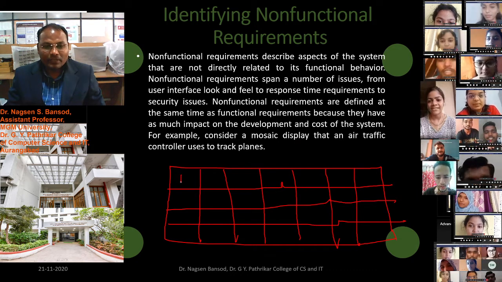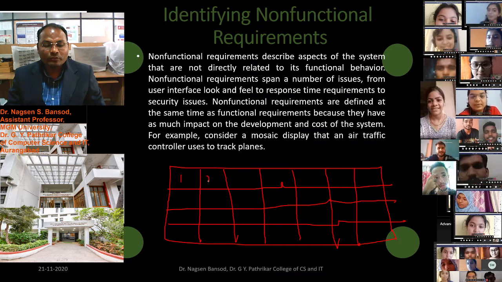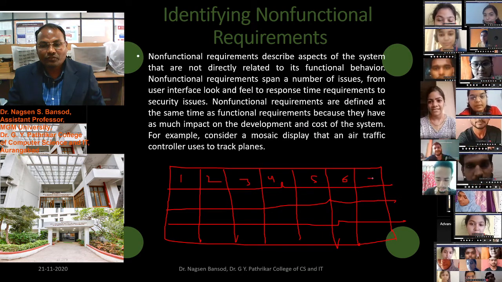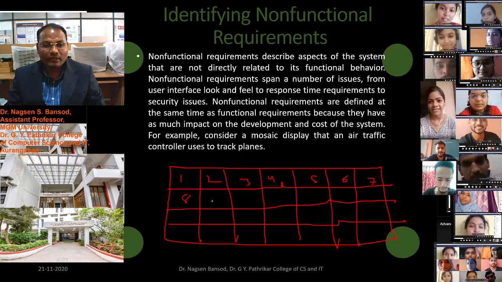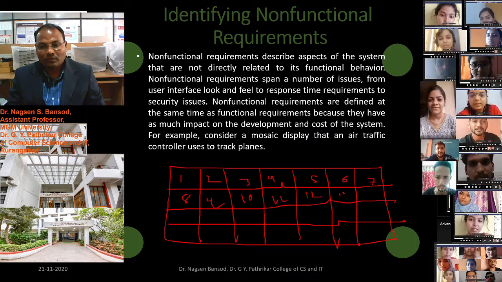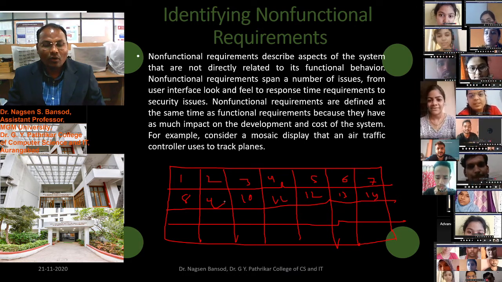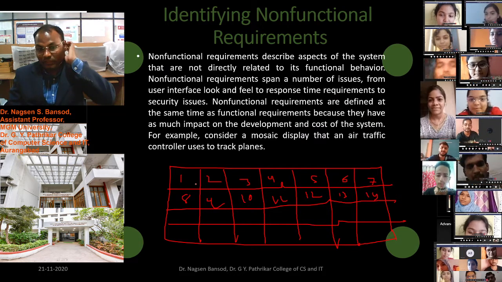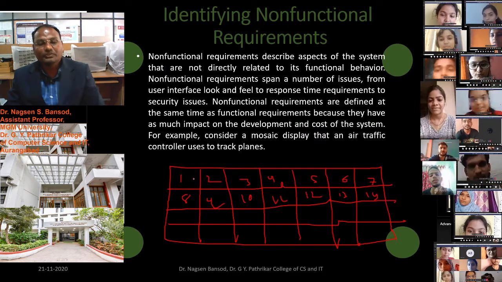Here is the first aeroplane's information, second, third, fourth, and so on up to fourteen. All the aeroplanes' information we can view in this mosaic display.